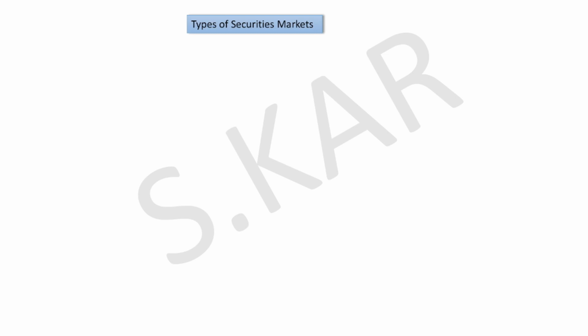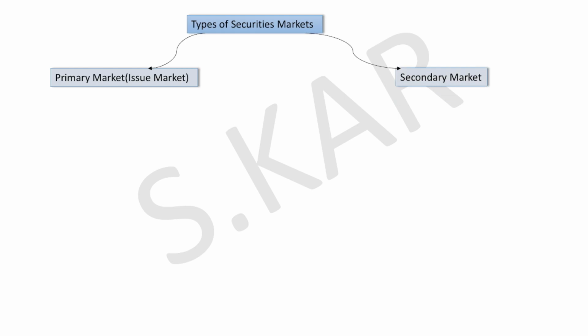So what are the types of securities markets? What we call the share market is basically referred to as the securities market. The securities markets are of 2 types. Number 1 is the primary market, which is called the issue market, and number 2 is the secondary market.